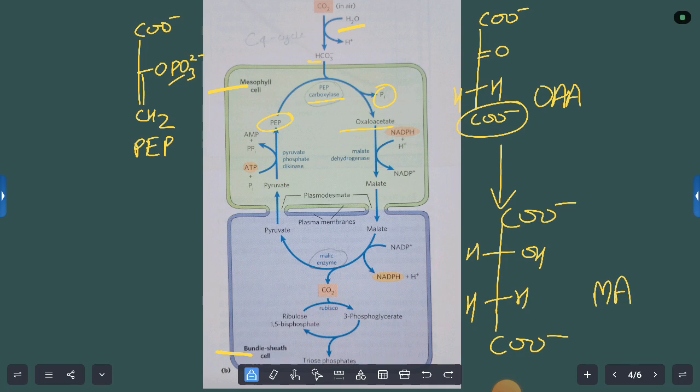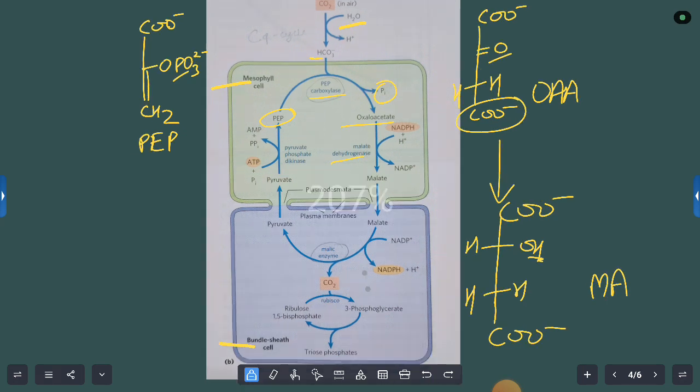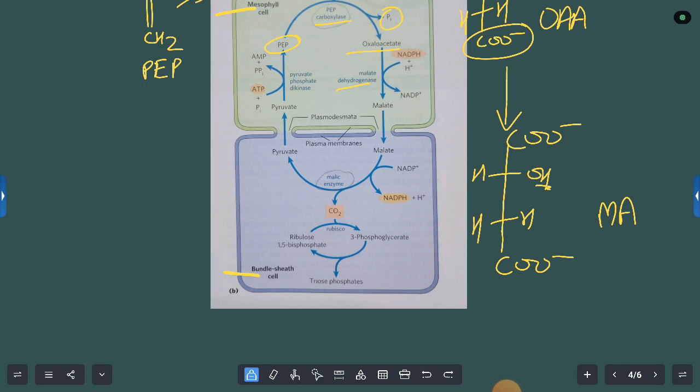In this reaction, hydrogen of NADPH is added here. As you can see, in the oxaloacetate there was a ketone group, and here a hydroxyl group is added, and this reaction is catalyzed by the malate dehydrogenase enzyme. Now this malate enters into the bundle sheath cell.